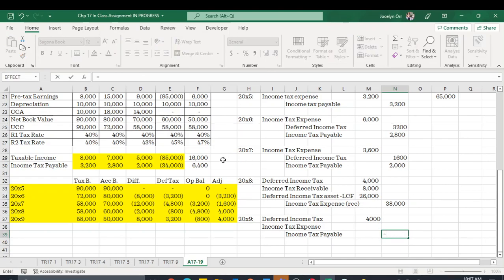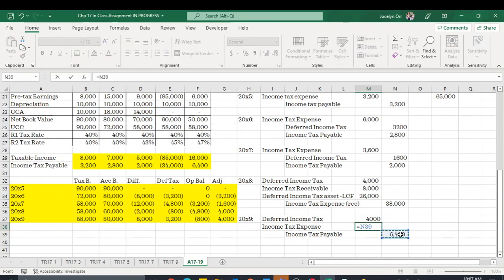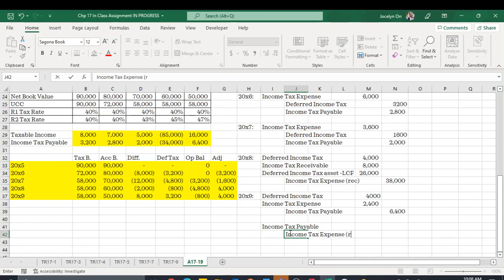So my income tax payable is going to be my $6,400 based off of what my earnings were. So my income tax expense is going to be the difference of $2,400. But I am going to be able to recover some of this, so I can reduce my income tax payable and my income tax expense as my recovery. Okay.